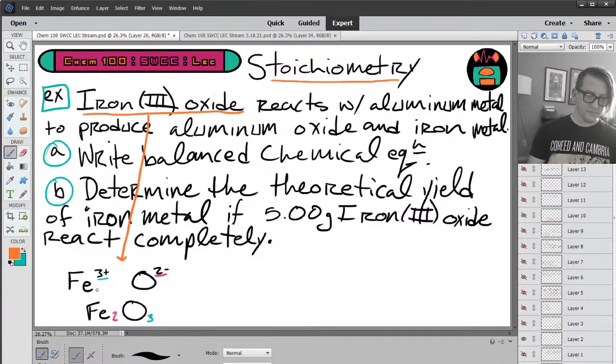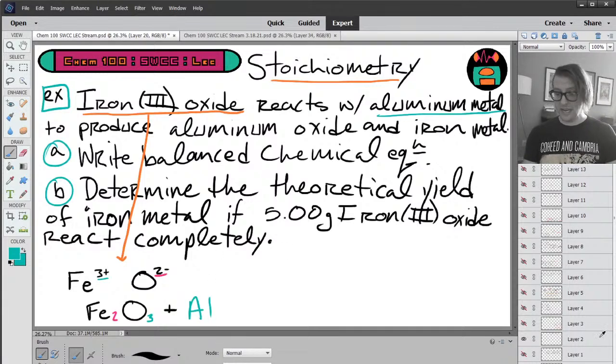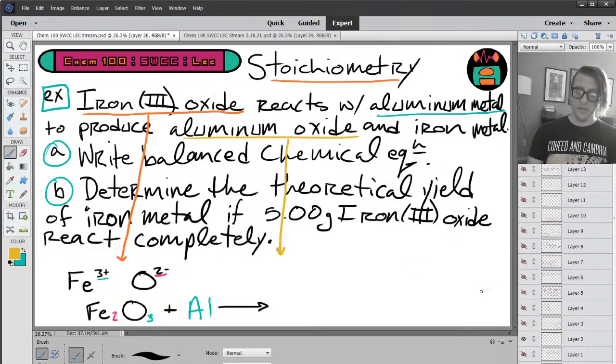All right, that is one reactant. Now, we're told that it reacts with aluminum metal, which is just aluminum, the element, Al. Nothing fancy there. These two react to produce aluminum oxide. Aluminum has a charge of +3, and oxide has a charge of -2.